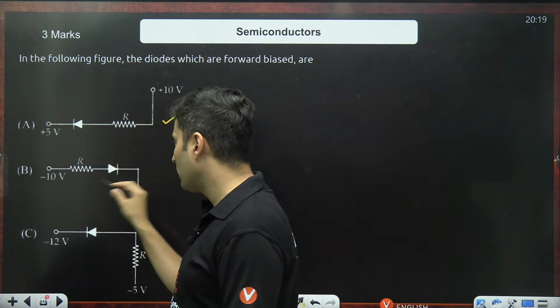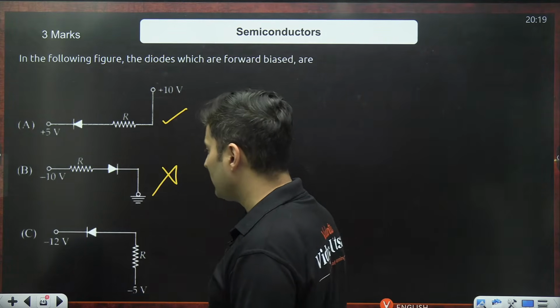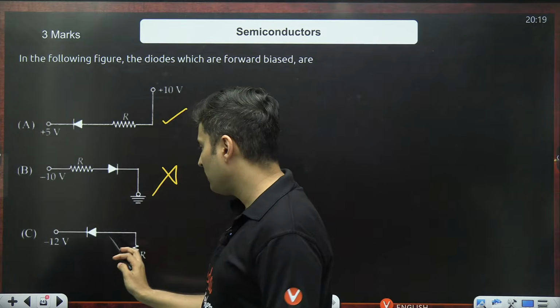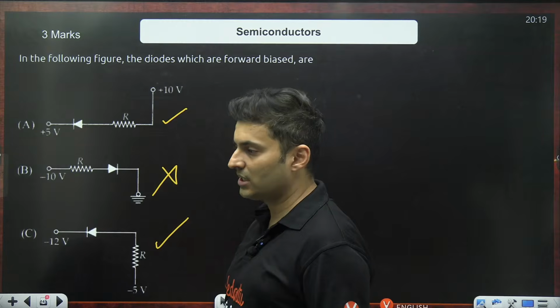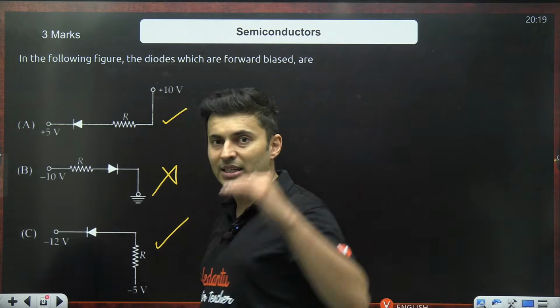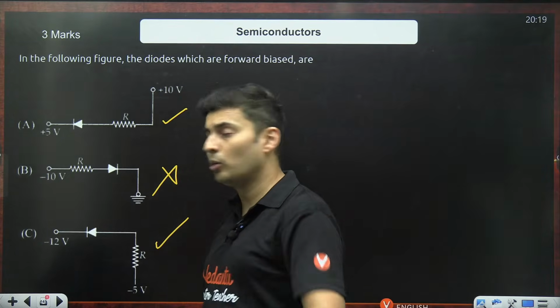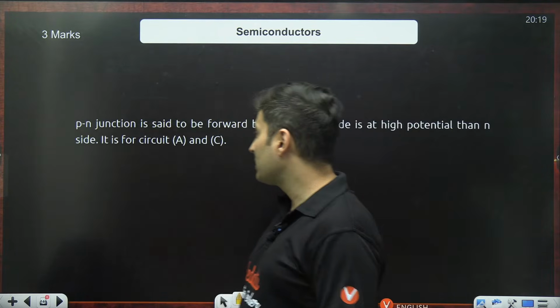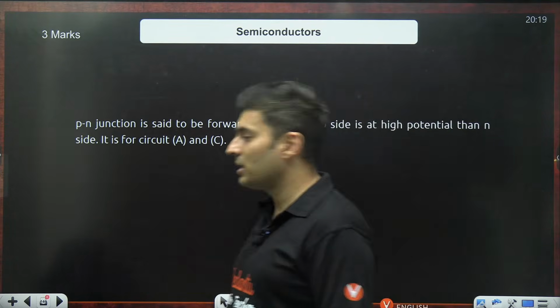Negative 10 means lower potential, N is connected to higher potential, so this is reverse bias. This is minus 5, minus 12, so minus 5 is more than minus 12, so this is forward bias. Simple, because minus 5 means higher potential as compared to negative 12. Negative 12 is even lower than negative 5. So A and C are forward biased because the P side potential is higher.